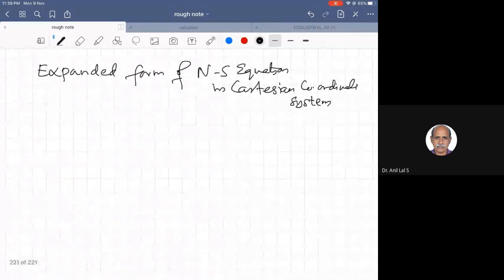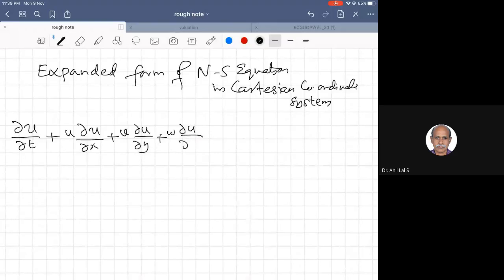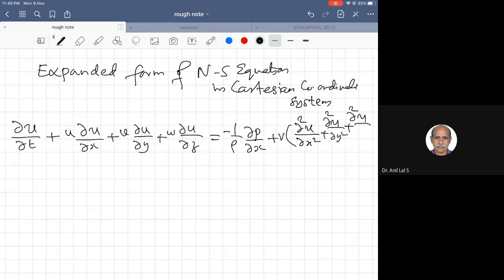When you expand it, the x component is ∂u/∂t + u ∂u/∂x + v ∂u/∂y + w ∂u/∂z = -(1/ρ) ∂p/∂x + ν(∂²u/∂x² + ∂²u/∂y² + ∂²u/∂z²). So this is for the x component.